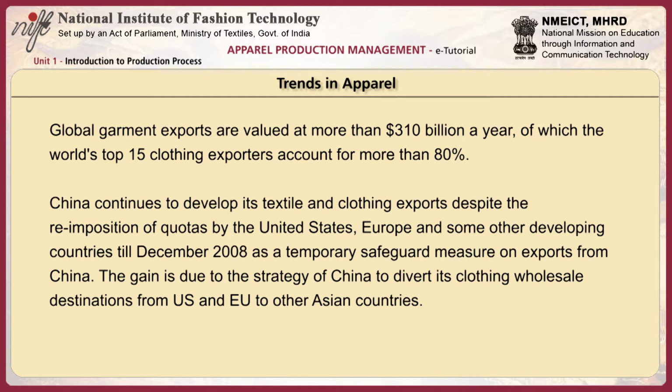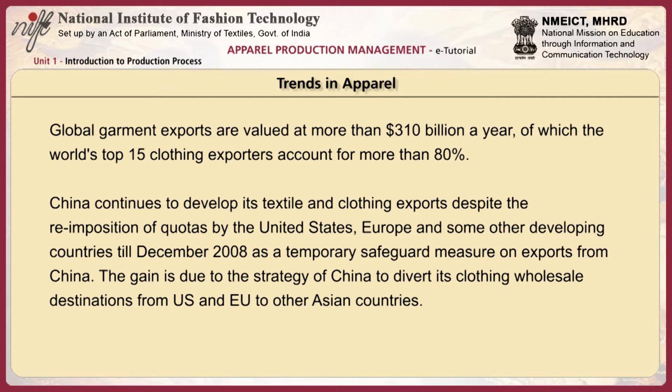China continues to develop its textile and clothing exports despite the reimposition of quotas by the United States, Europe, and some other developing countries till December 2008 as a temporary safeguard measure on exports from China.